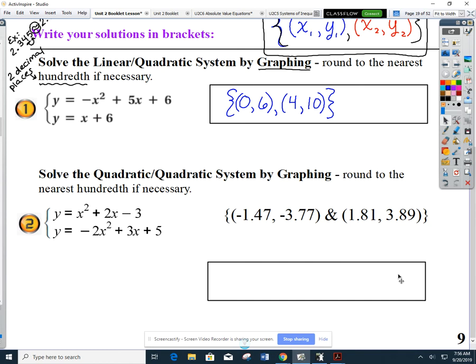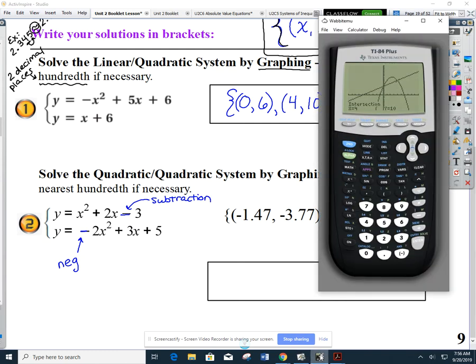And normally the first thing I tell people to check for if they didn't get it right is that when you type these in, this here, you use the negative button, and this right here is a subtraction sign. Because when we write them, they look exactly the same. But when you're entering it on your calculator, you actually have to enter x squared plus 2x minus 3 using the subtraction.